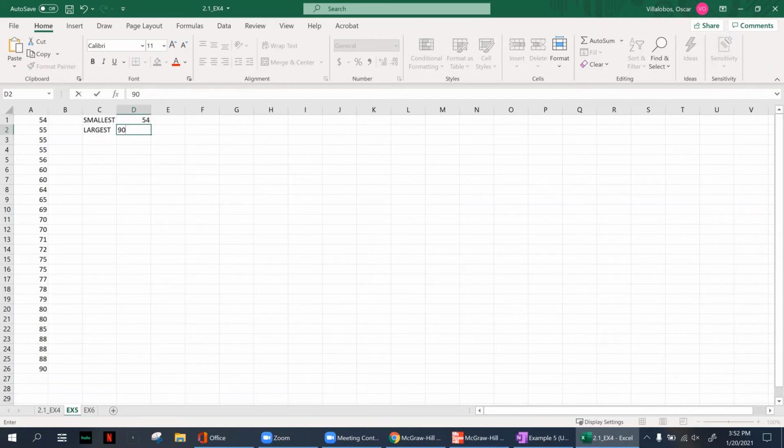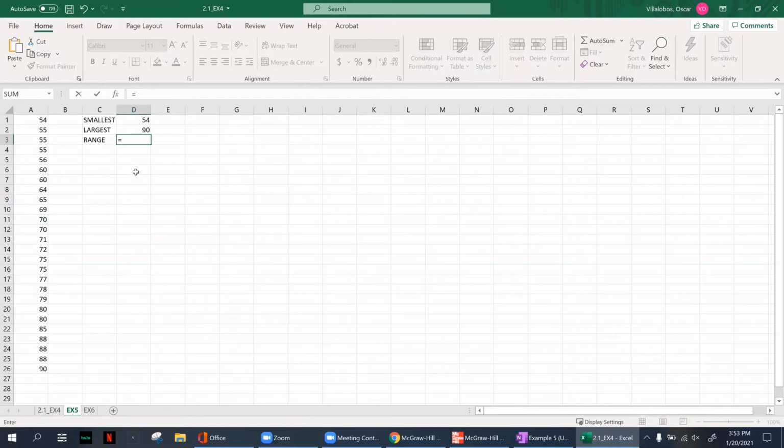So in other words, I'm going to find my range here. How you can find that in Excel as well is click on the cell, the little box, and type in equal.